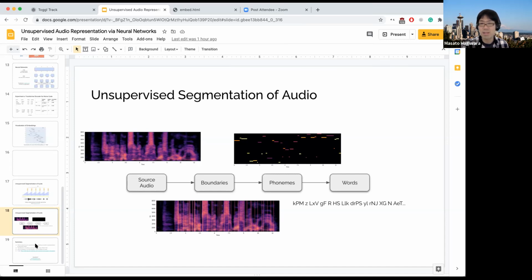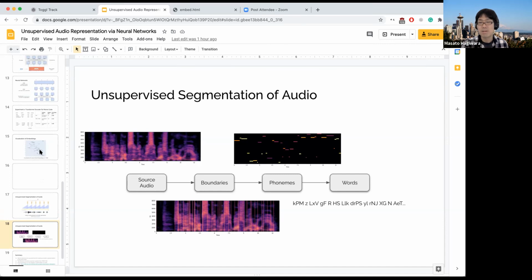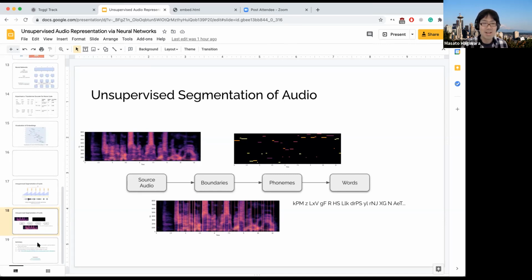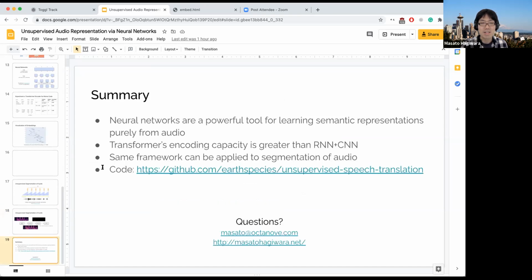So I'm super excited that we have a somewhat useful representation of Morse code so far, and that's basically it for this talk. We have neural networks, and the same framework can be applied to segmentation.